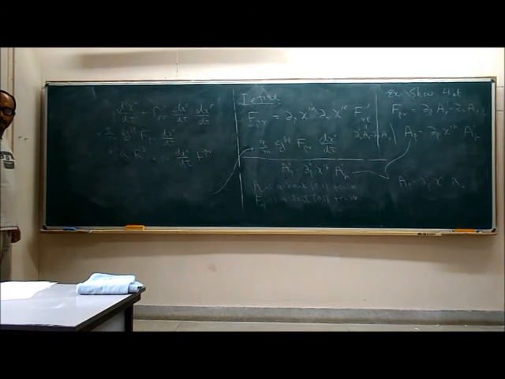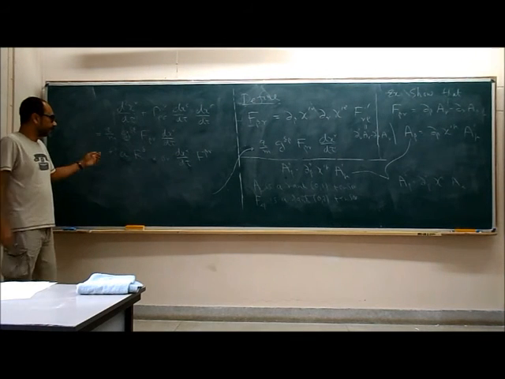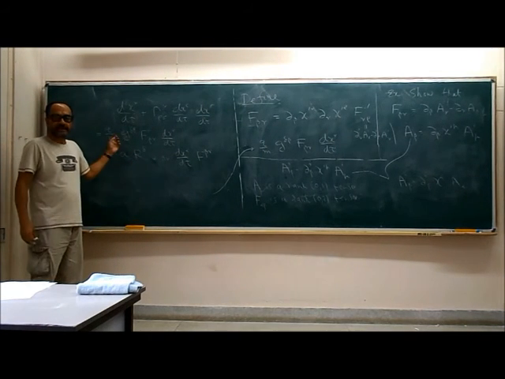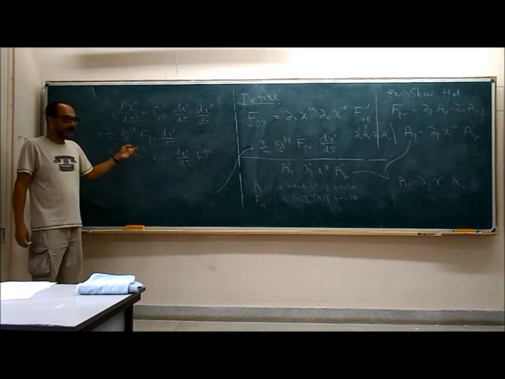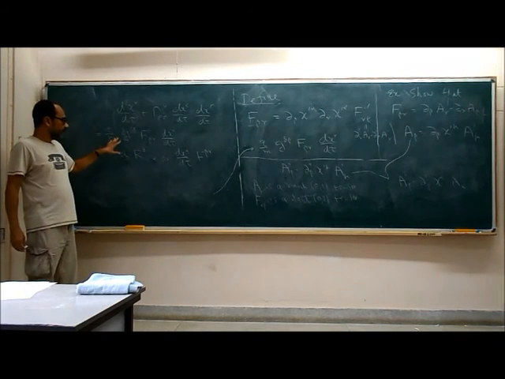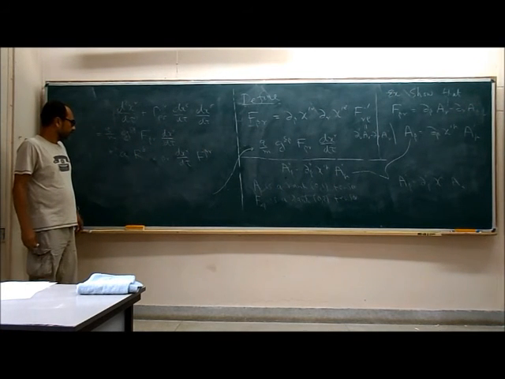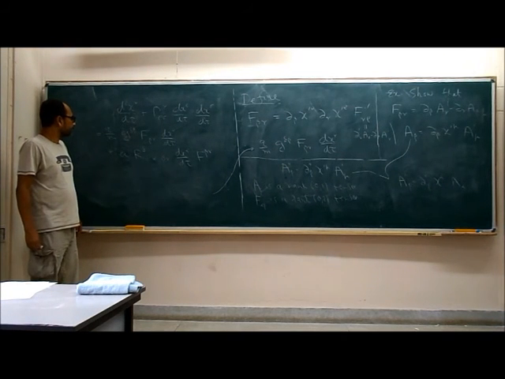Sir, could you explain the motivations for this term? Motivation? I am just writing down a term which respects general coordinate invariance. Sir, the index is not matching, it should be nu instead of delta. Yes, the index is not matching, that is true.